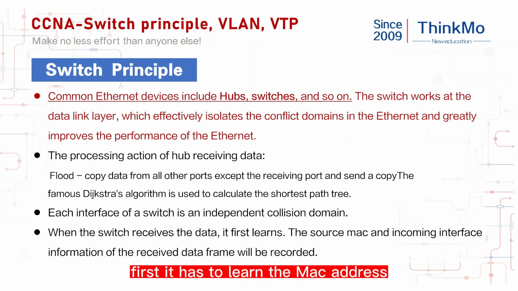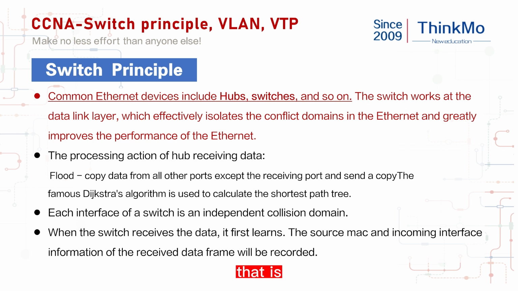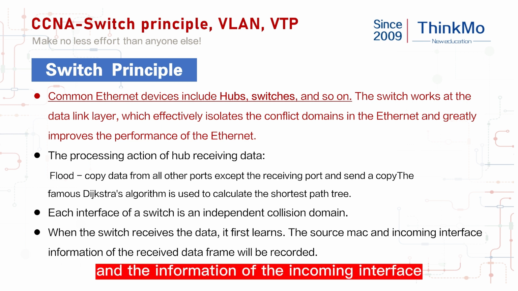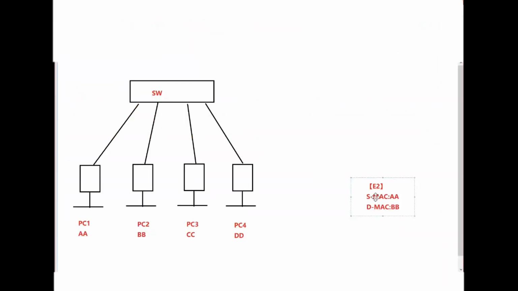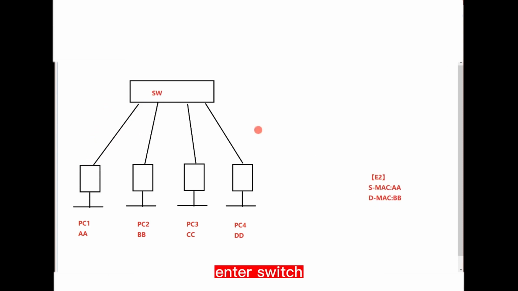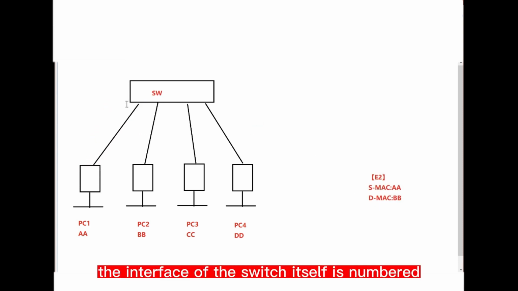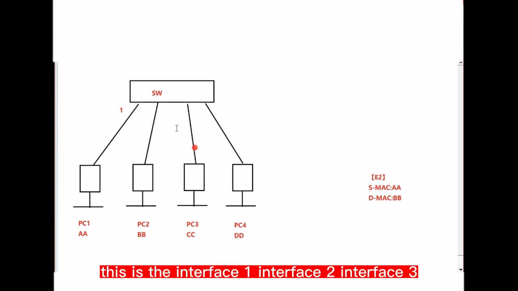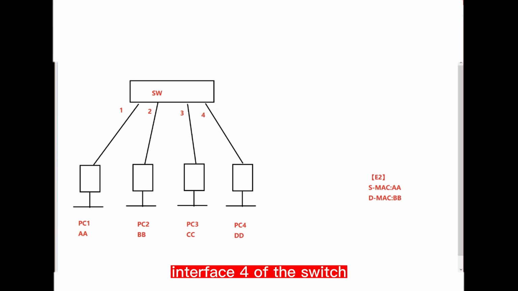First it has to learn the MAC address. That is, the switch will record the source MAC of the received data frame and the information of the incoming interface. Now this data is sent from this PC and enters the switch. The interface of the switch itself is numbered, for example interface 1, interface 2, interface 3, interface 4 of the switch.